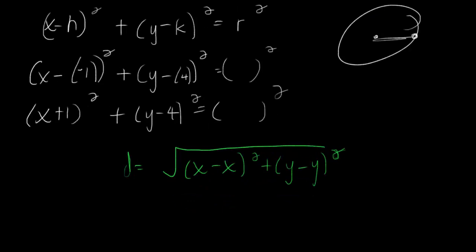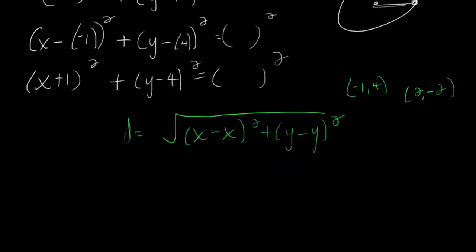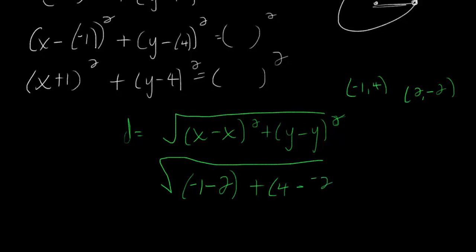So the points were (-1, 4) and (2, -2). Plugging it into this formula, I get the square root of, I'm sorry that's so sloppy, -1, the first x value, minus the second, excuse me, I wrote something a little wrong. -1 minus 2, plus now my y value is 4 minus -2.